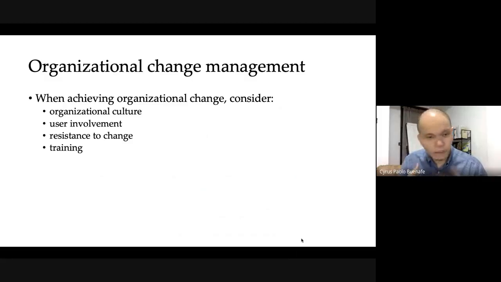Also, part of it would be resistance to change. You also consider these things. Sometimes when people get used to doing things, they've already built a habit with respect to workarounds. So from their perspective, it might be efficient to them, but from a third party point of view, because they're doing so many workarounds, it's not really the most optimal approach to whatever it is that they're doing. So do expect that there will be resistance to change. Okay, and a lot of this is really psychological more than anything, cognitive.